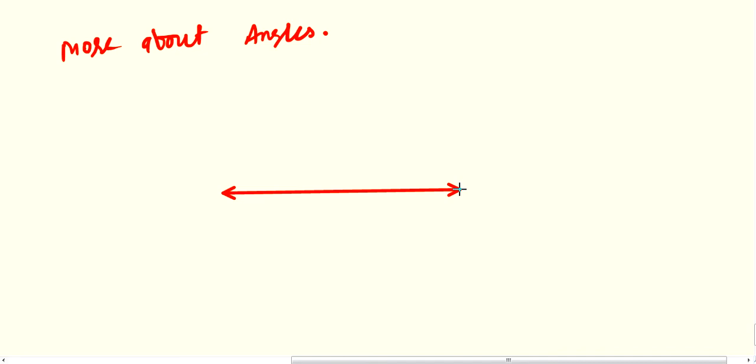Then next topic is more about angles. So more about angles means what? You will have a point, and with respect to that point you will have angles, just like this is your diagram.